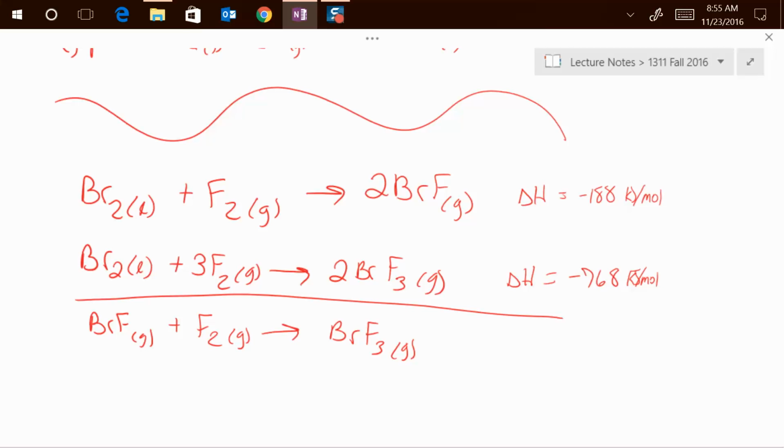So BrF is on the second equation. Yeah, you're trying to make these match this one. Okay.